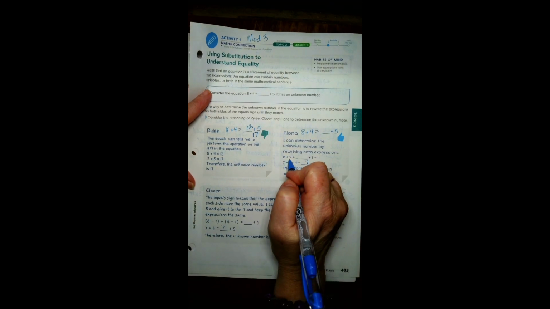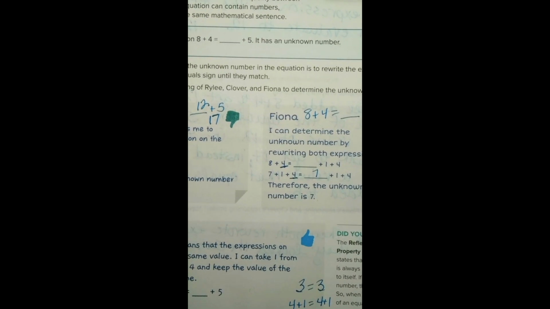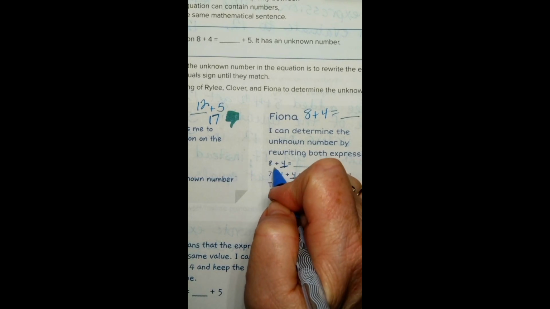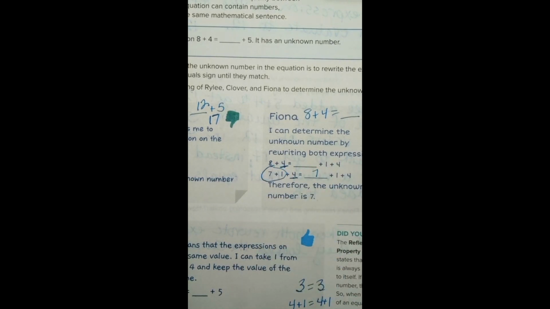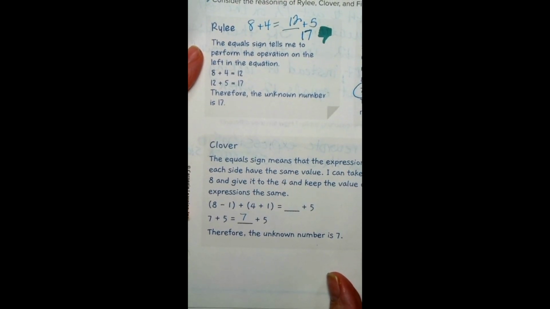So let's see, Fiona kept the 4. Let's zoom in here a bit. She kept the 4 and changed the 8 to 7 plus 1. And it looks like Clover didn't do, neither one of them.